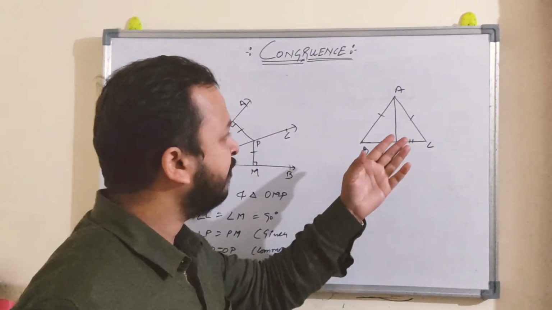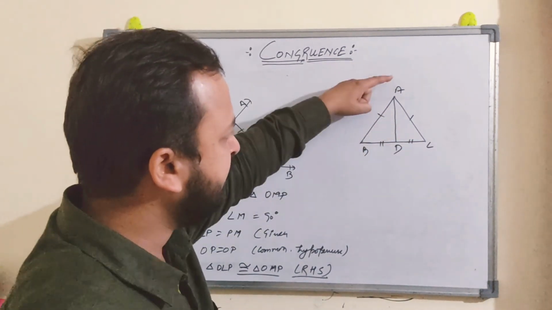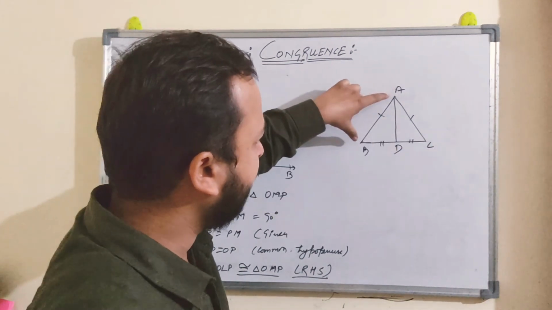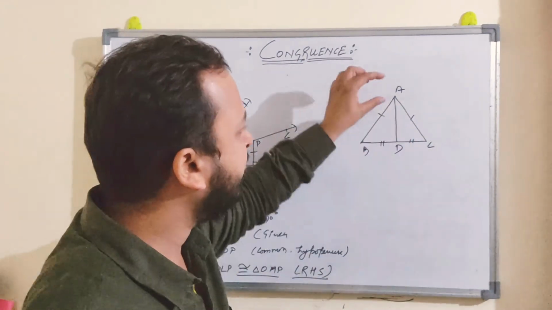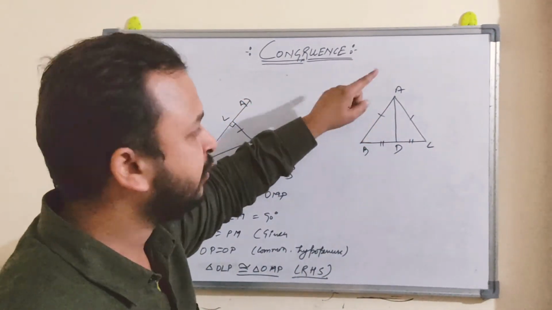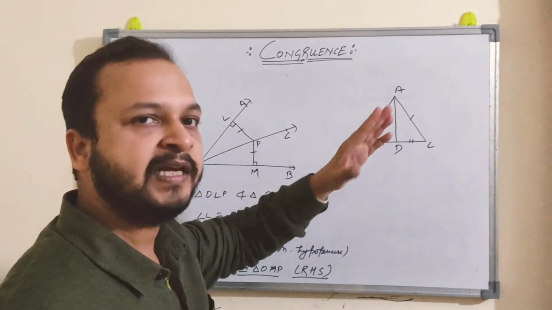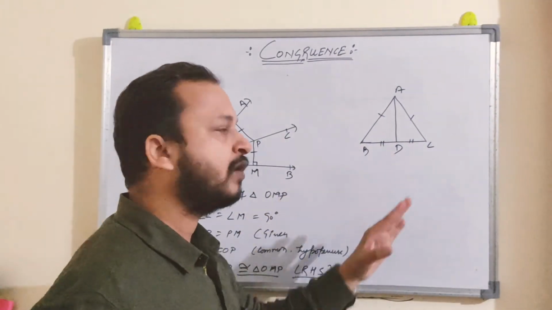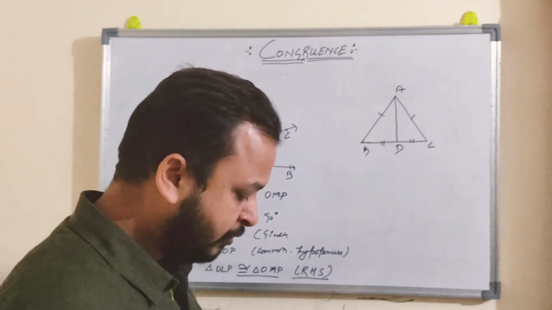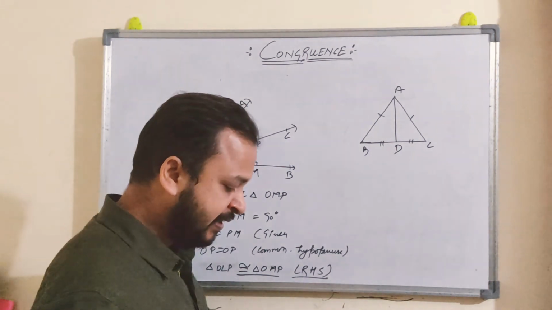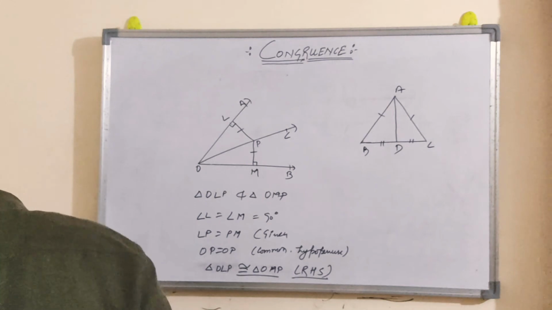So if we are talking about ADB and ADC, here AB is equal to AC and BD is equal to CD, right? And this AD is common. So AD is equal to AD, you can say that, right? So by the three sides, SSS property, you can say that they are congruent to each other. And you also have to prove that angle ADB is equal to angle ADC, and that is equal to 90 degrees.